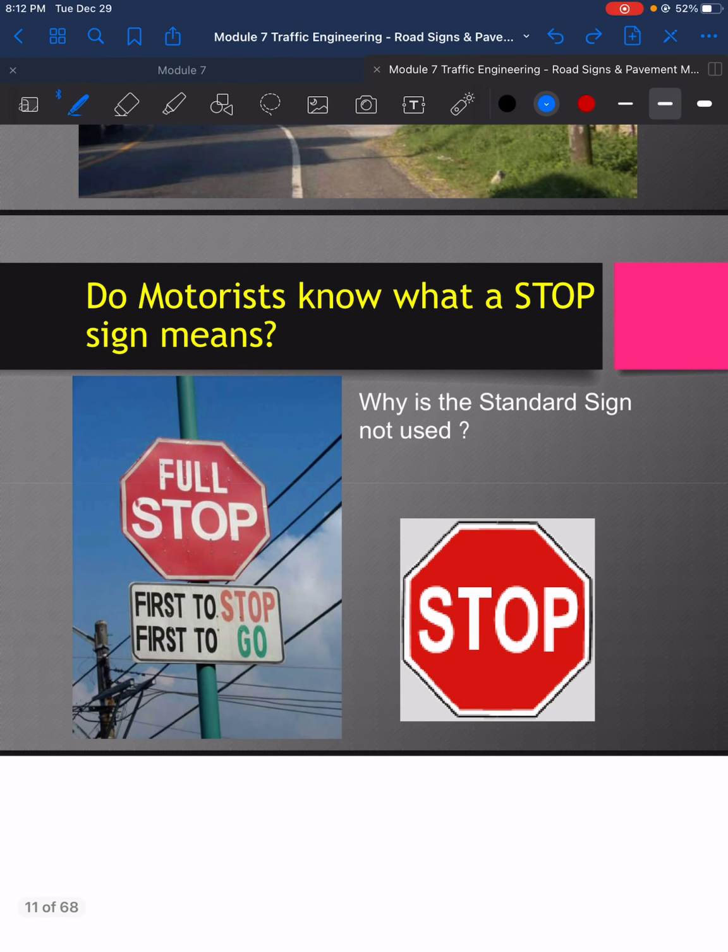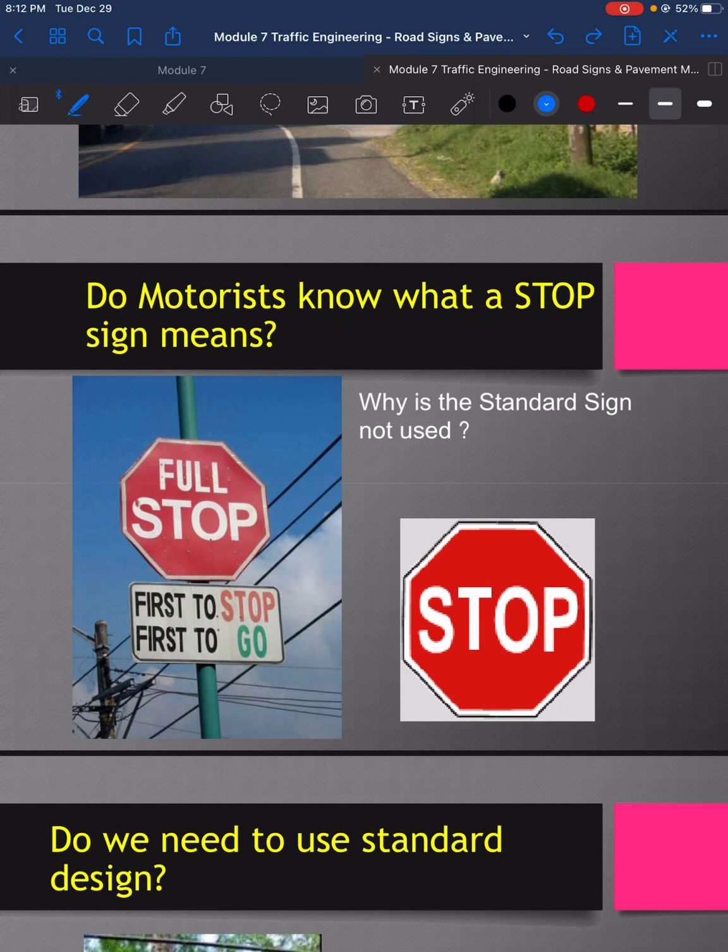Do motorists know what a stop sign means? This is what was seen in actuality, but this is the standard. This is what should be placed. This standard sign already means full stop. Why did you add the word full here? So redundant. Does it mean that drivers don't know what that sign really means?